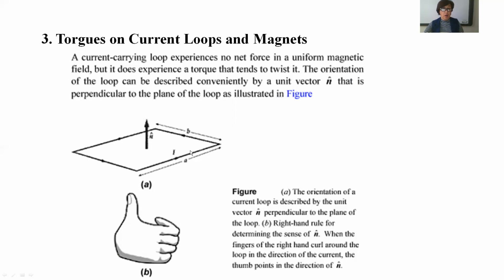Here this is B. The right-hand rule determines the sense of the n vector: when the fingers of the right hand curl around the loop in the direction of the current, the thumb points in the direction of n.